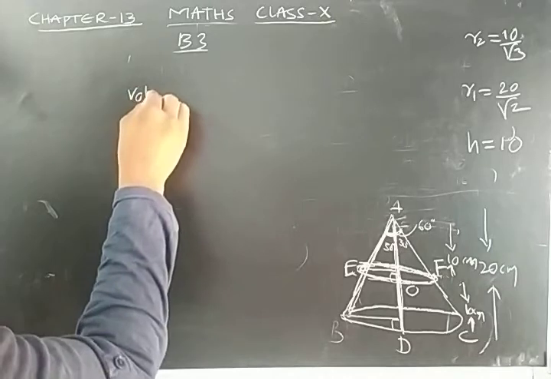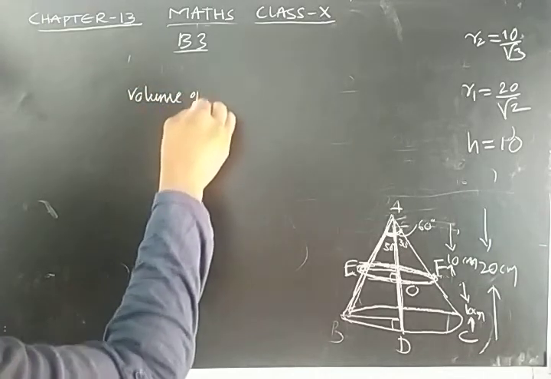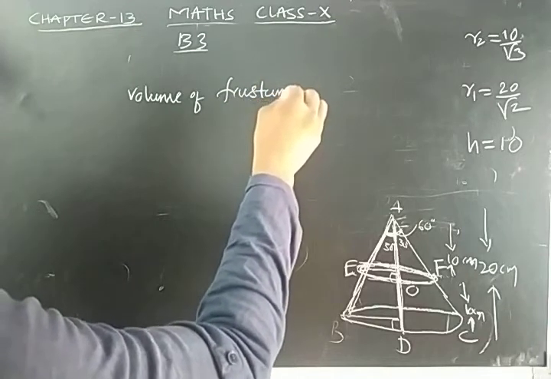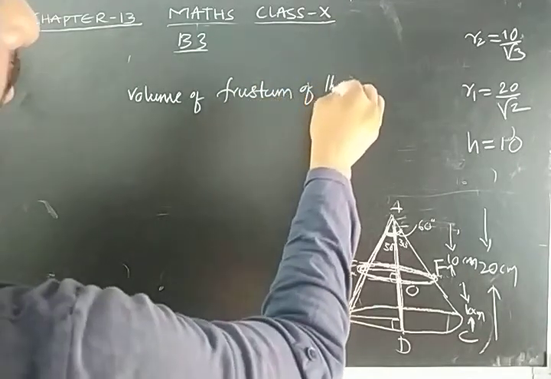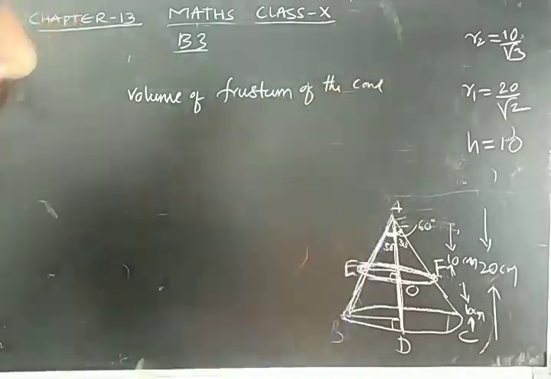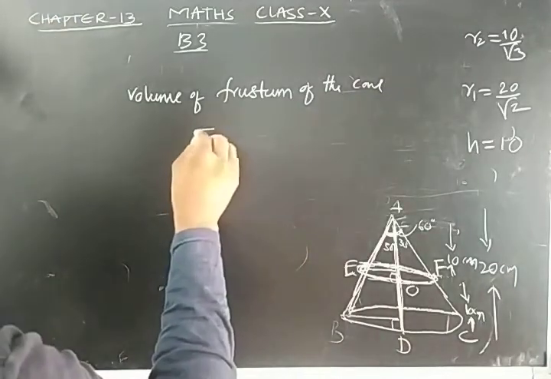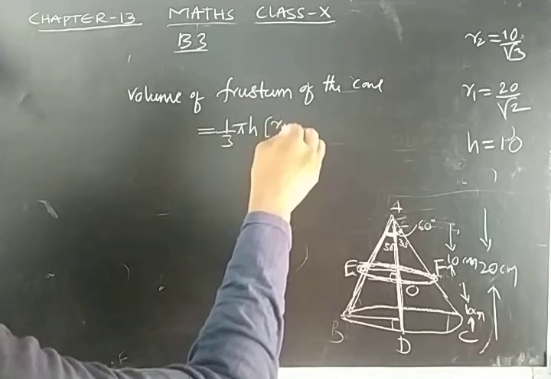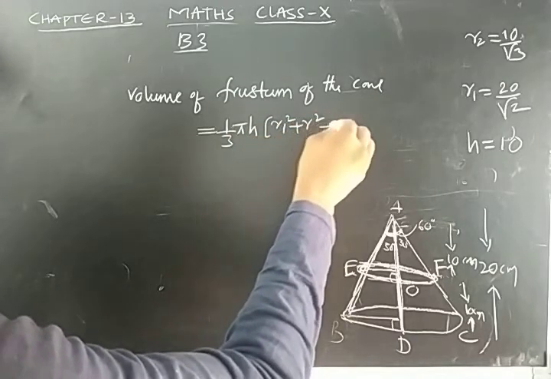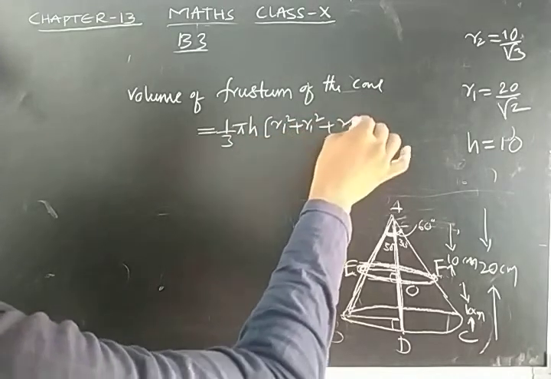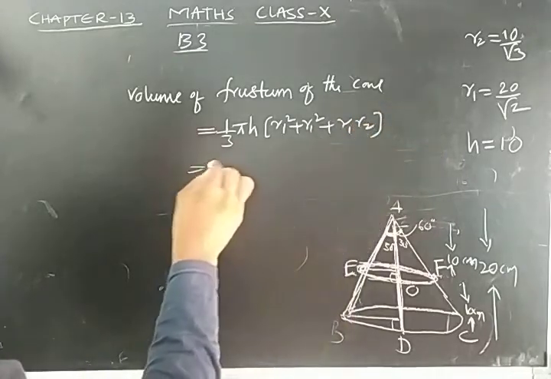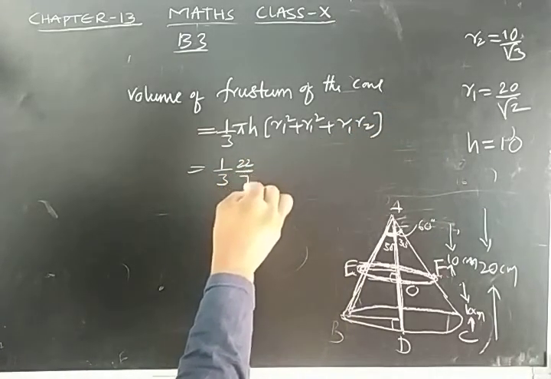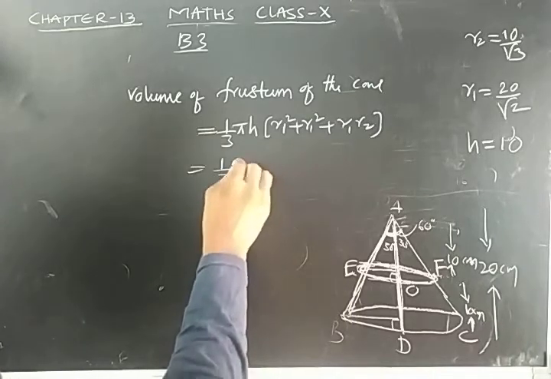Now volume of frustum of the cone. What is the formula? 1 by 3 pi H into R1 square plus R2 square plus R1 R2. 1 by 3, 22 by 7 or pi, later we can substitute pi.